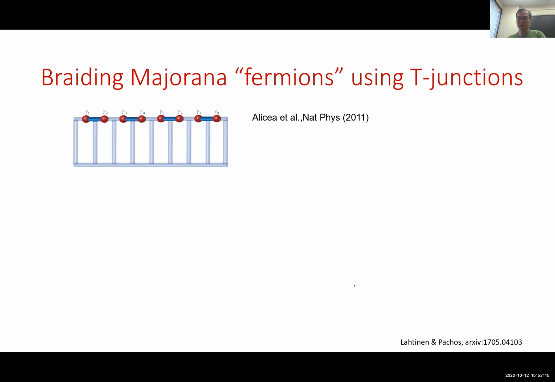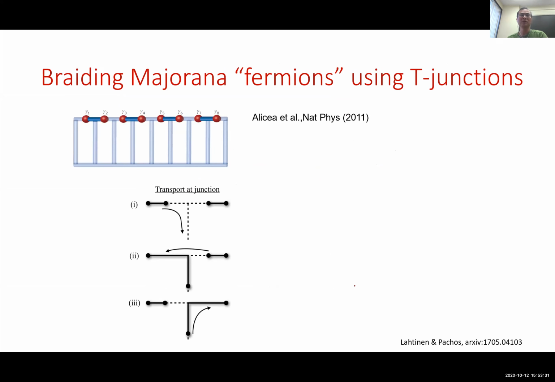Yeah. So in the last few minutes, I mentioned, how do we braid these? We call them Majorana fermions. This is probably not a good terminology, so maybe we should use zero modes. How do we braid these zero modes? If you have a T-junction like this, imagine these segments.